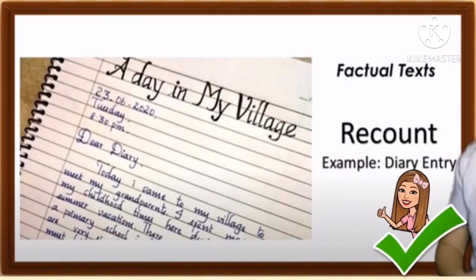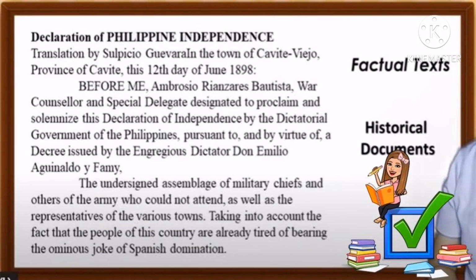Another one is recount, wherein the writer tells what happened in the past by recounting the series of events. In this example, the owner of the diary is recounting her days in the village. Another example of factual text is historical documents, such as the Declaration of Philippine Independence.